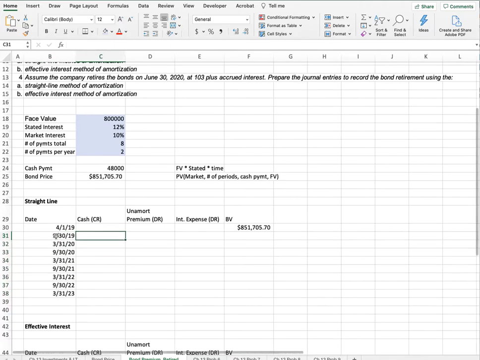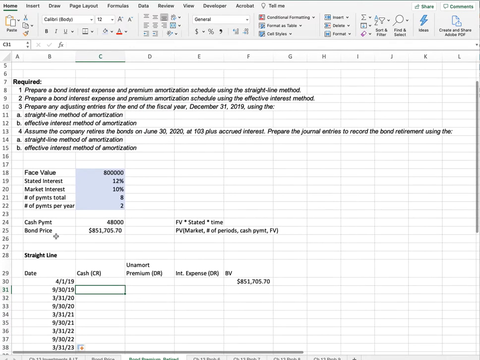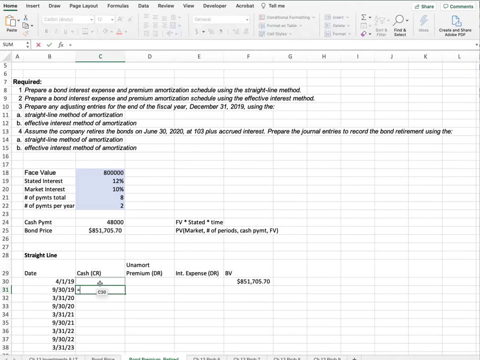So on September 30th, 2019, we already calculated our cash payment, but we'll go ahead and calculate that again. Our cash credit here needs to be the face value times the stated interest times our time, which is a half, and we get that 48,000.